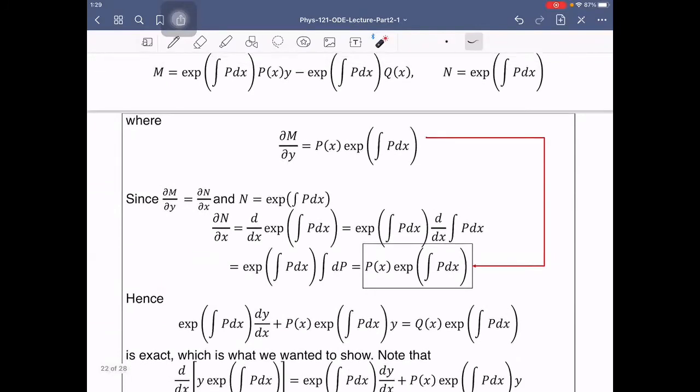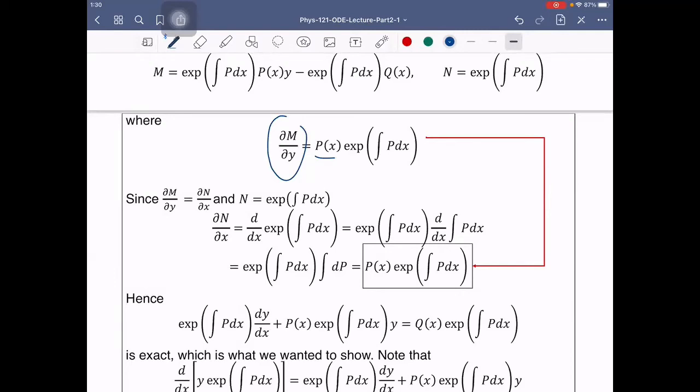Okay? So ito yan. So, paano ba magiging exact? We have to show na yung partial of m with respect to y is equal to partial of n with respect to x. So let's do that. Ito yung partial of m with respect to y natin, no? Is just equal to p of x times e raised to or exponential integral p dx.